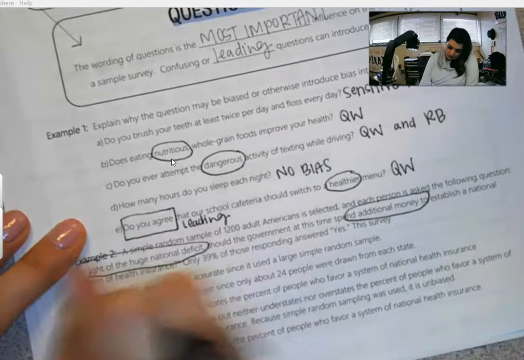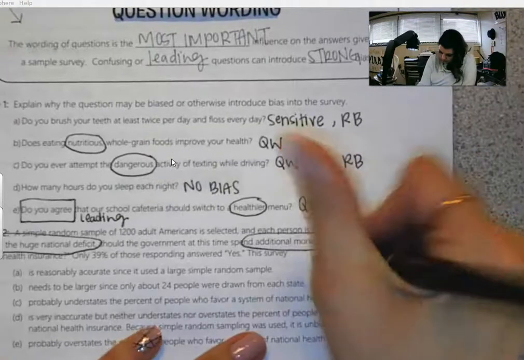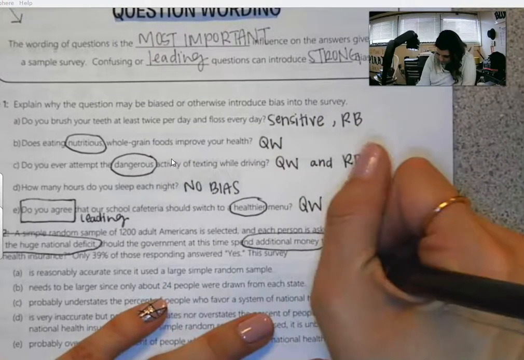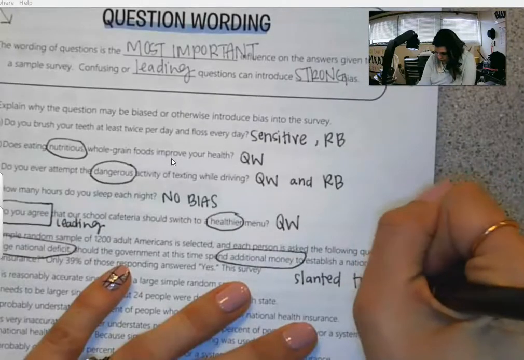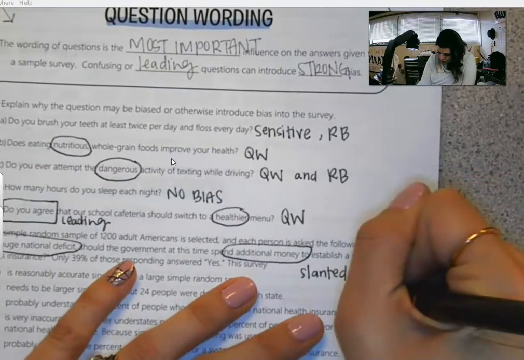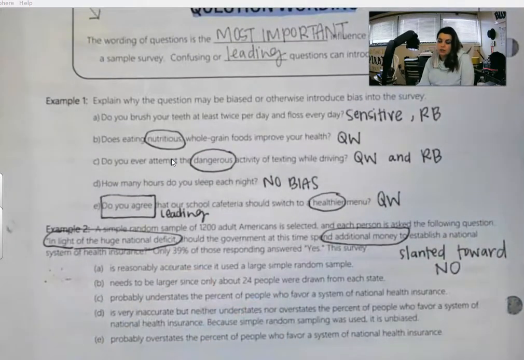Maybe I'll write it over here on the other side. Slanted toward no. I think that this question is slanted, is worded to lead you to say no.